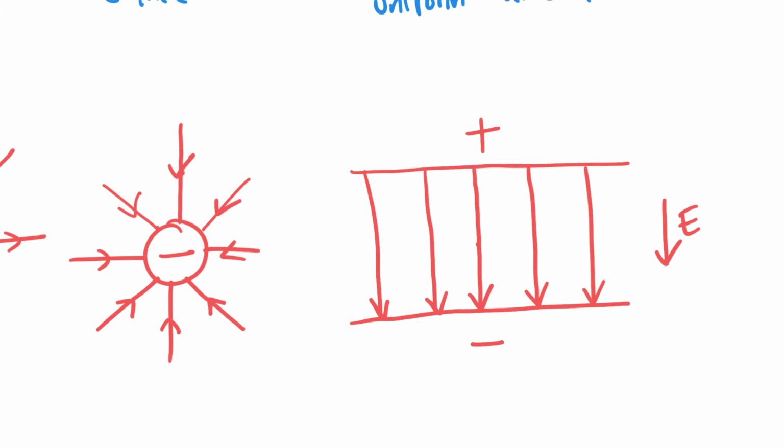We could actually work out the strength of this electric field if we had two pieces of information. If we knew what the separation of those plates was, in other words, how far apart they were, we use the symbol d for that, the distance between the plates, and if we knew the potential difference across the plates.